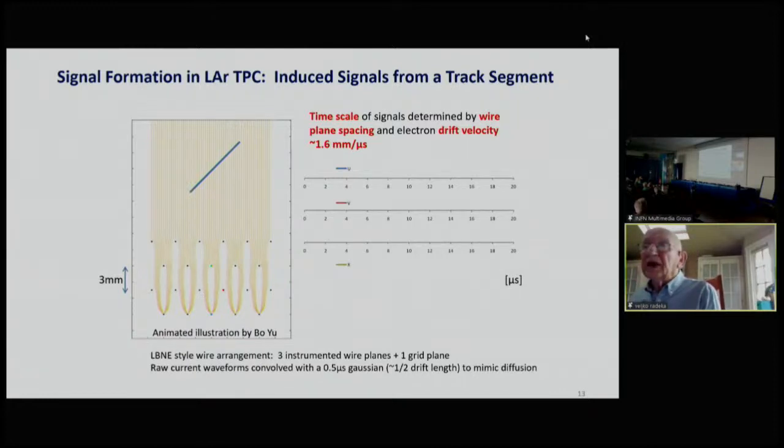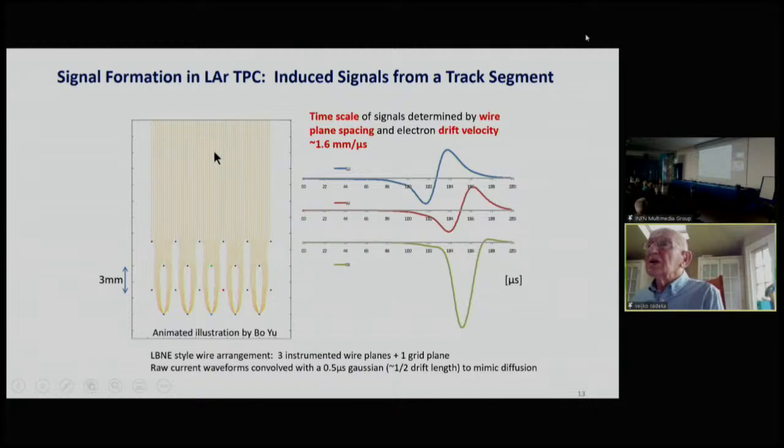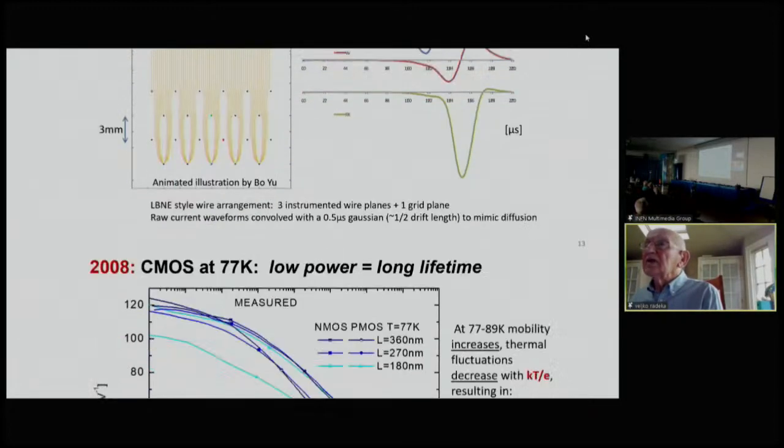Just to illustrate, if you have several wire planes, a screen one and 3 sense wires, where the electrons and field lines go to collection and the 2 induction planes, the ionization track drifts here, and we end up with this kind of shape.